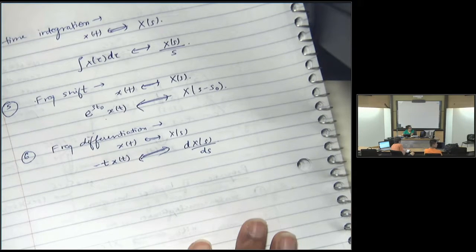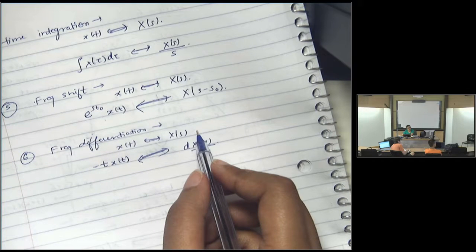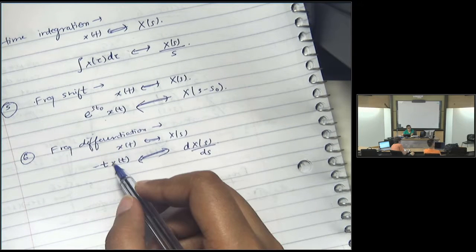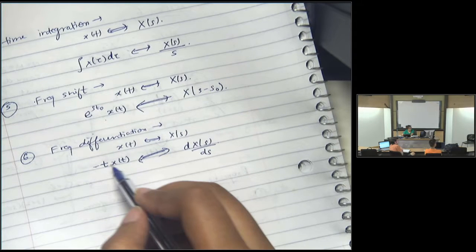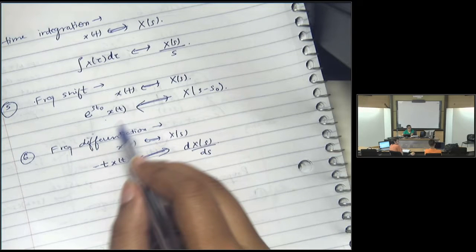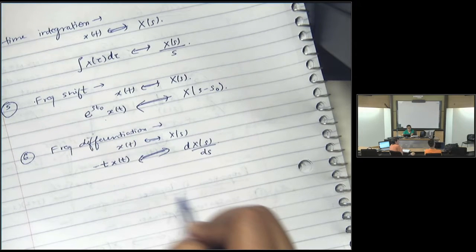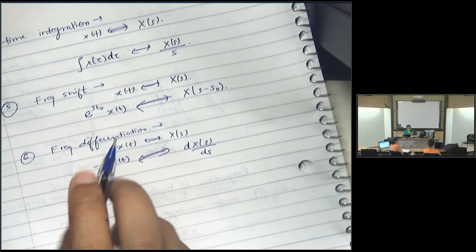Even in case of time differentiation, my x of s was multiplied with s whenever my x of t was differentiated. Over here, you have multiplication with minus t. And then there's no question of initial conditions. The question of initial condition only comes when you're differentiating x of t or integrating x of t.